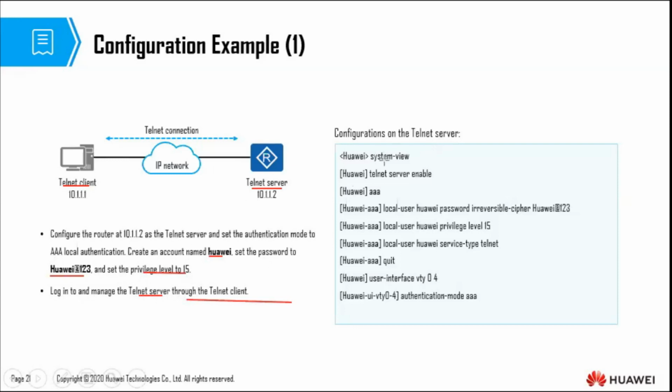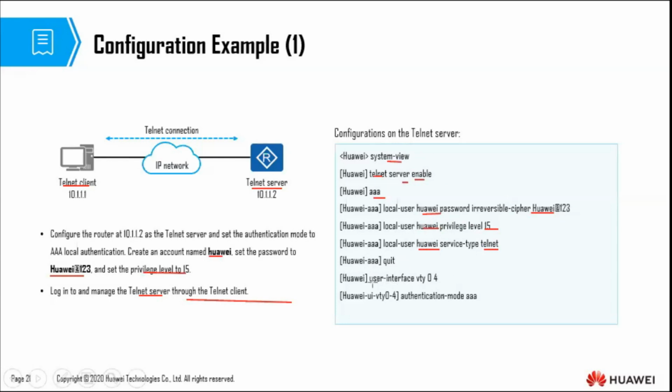On the Telnet server, we get into the system view, and we enable the Telnet server using the command telnet server enable. Then we go into AAA to create the user Huawei and the password. Then we configure the privilege level for the user Huawei. Then we enable Huawei to use Telnet using the service-type command.